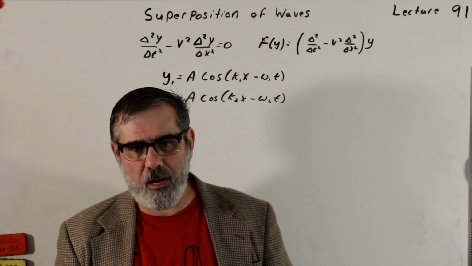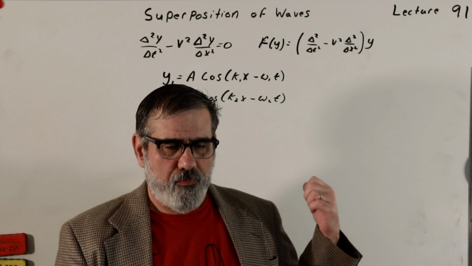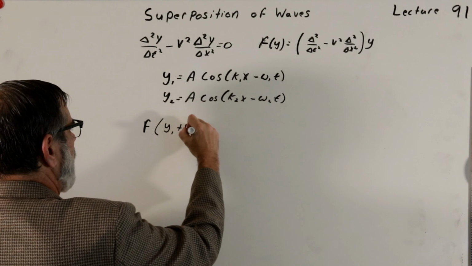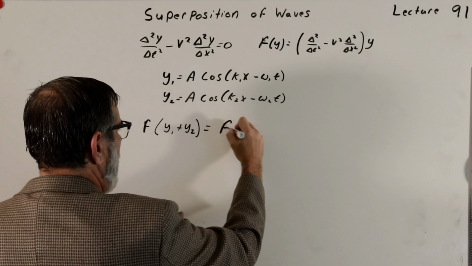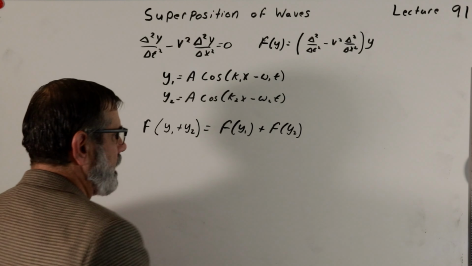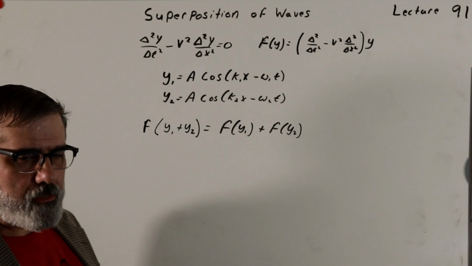Not the displacement squared, not the displacement cubed, but just the displacement. As a consequence, these functions act linearly, so that f of y1 plus y2 is just equal to f of y1 plus f of y2. This is the linear condition.